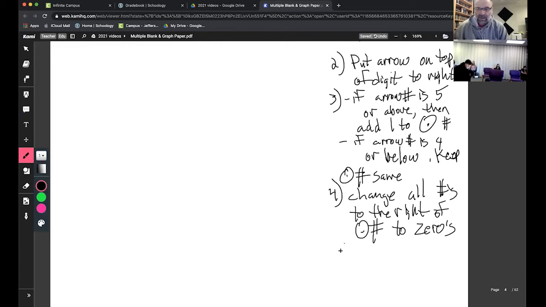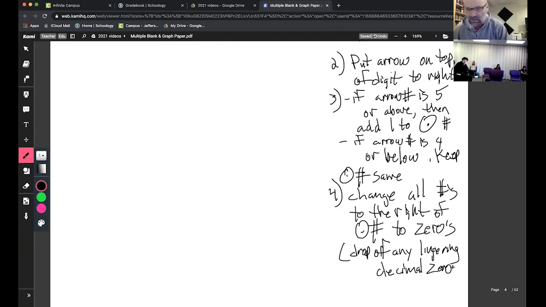And then a little cleanup thing is drop off any lingering decimal zeros. That's not really a term, but if you have zeros on the right and you ended with a decimal, then you can get rid of those.